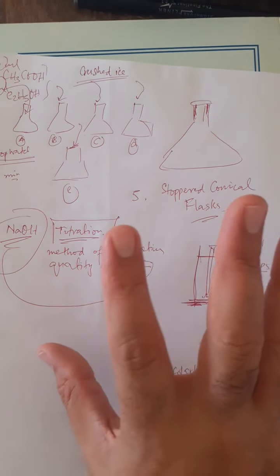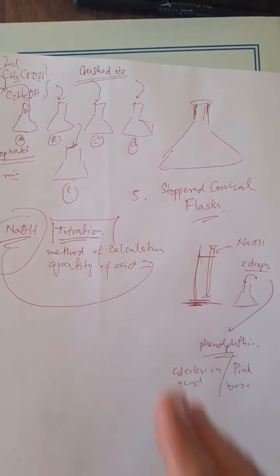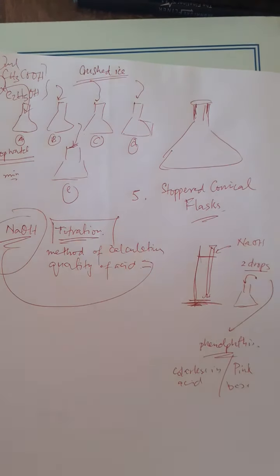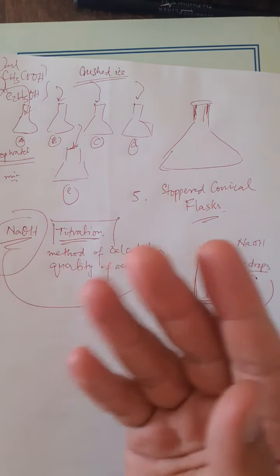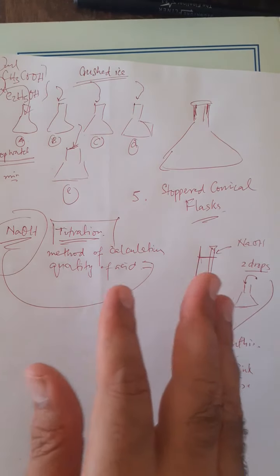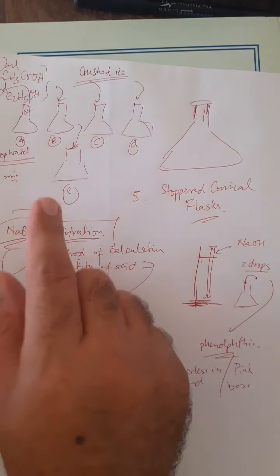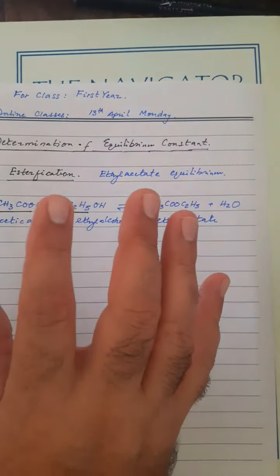There are always 5 flasks, and we need stoppered flasks, we need phenolphthalein, the indicator, and we need the sodium hydroxide for titration to find out which flask has the equilibrium and the quantity of the equilibrium contents, and then we titrate them. So we first do it like this, okay?